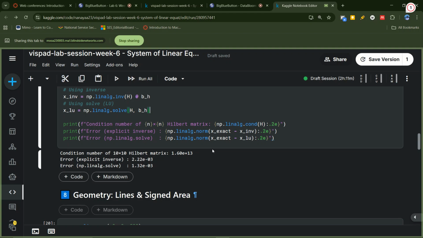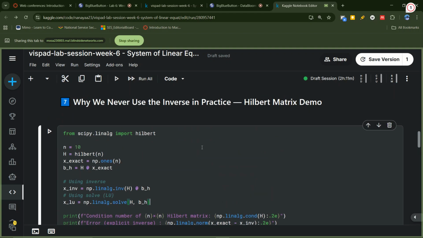So this expression is equal to Hilbert(n). Of course, you don't really need to know this. We're just trying to prove why you should never use the inverse, why machine learning models in fact don't use it at all, and why you should also try to avoid it.